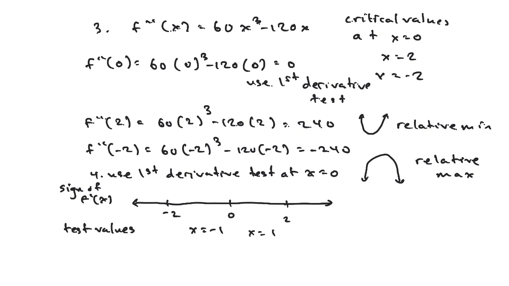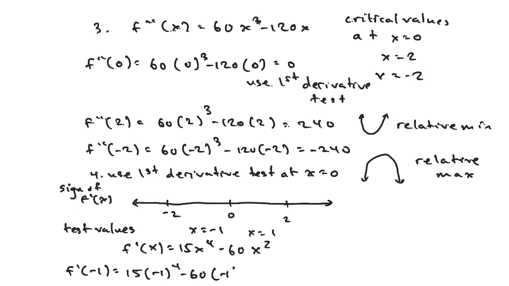Plugging into f prime of x, 15x to the fourth minus 60x squared, f prime of negative 1 is 15 times negative 1 to the fourth minus 60 times negative 1 squared, which is 15 minus 60, negative 45. And f prime of 1 is 15 times 1 to the 4th minus 60 times 1 squared, which is again minus 45.